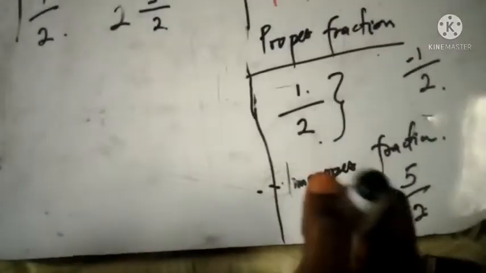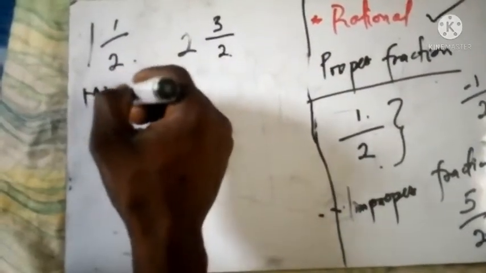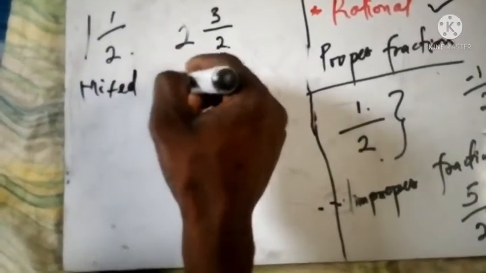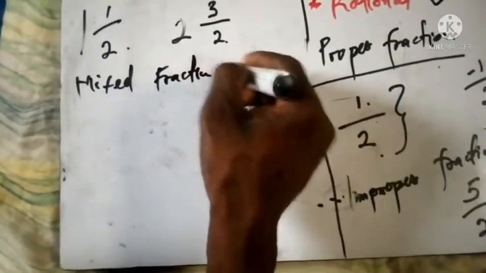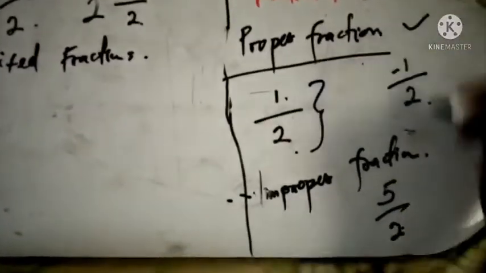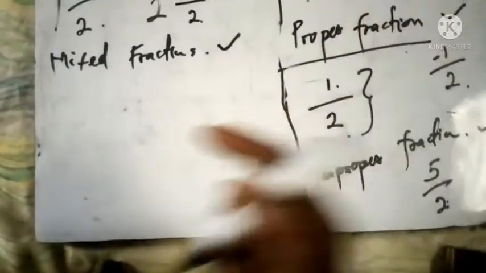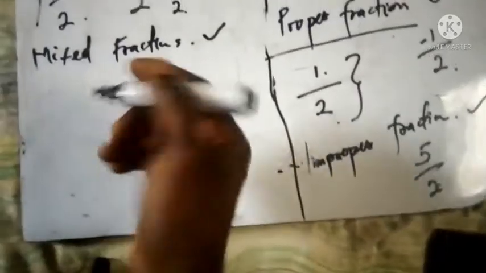Okay, so that's the second way of writing. So you have a mixed fraction over here, or maybe mixed numbers. This is the proper fraction, that's the first one, followed by the improper. The third way of writing a rational number is a mixed fraction. Then you follow by integers.